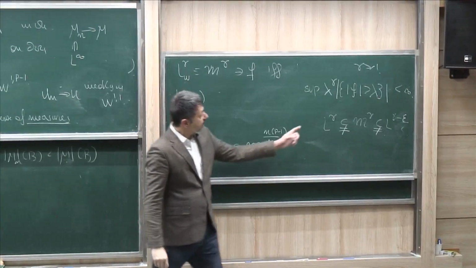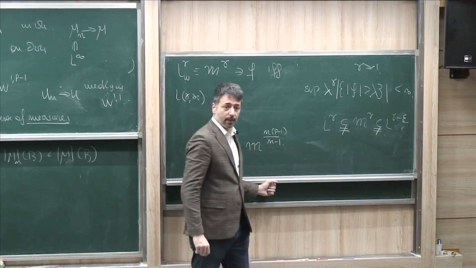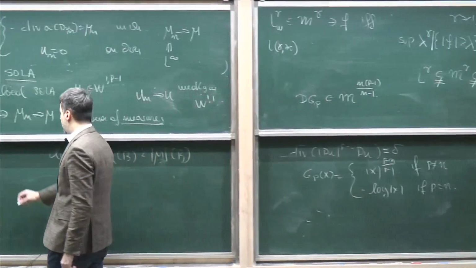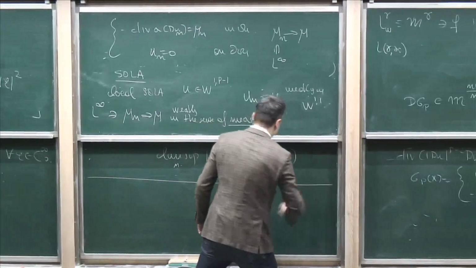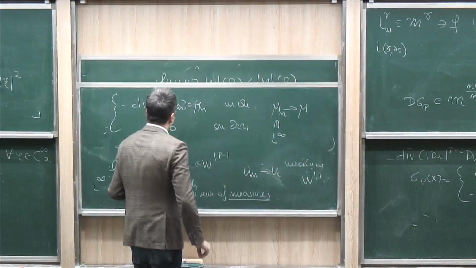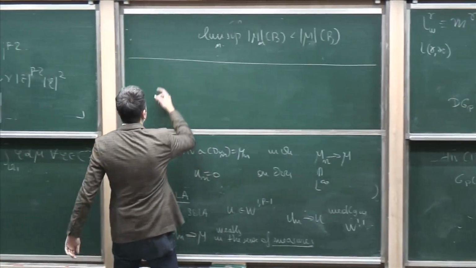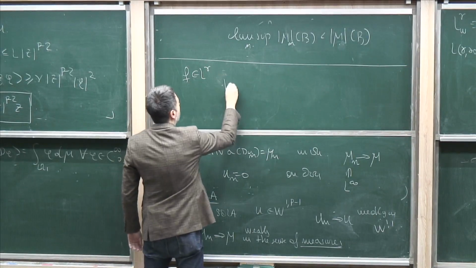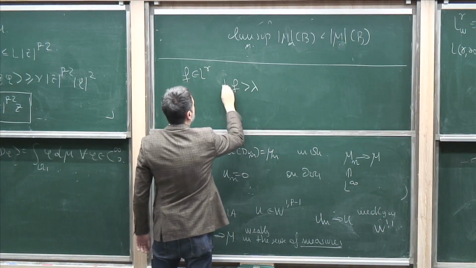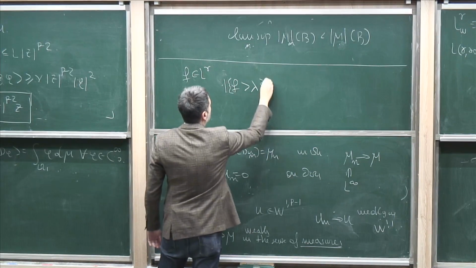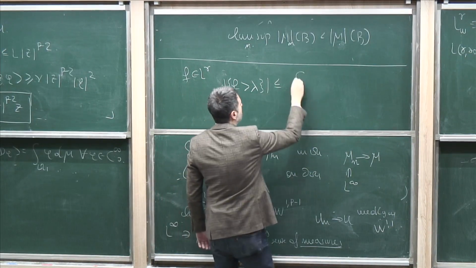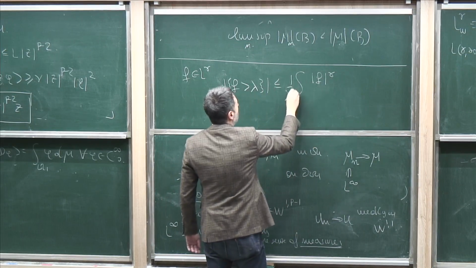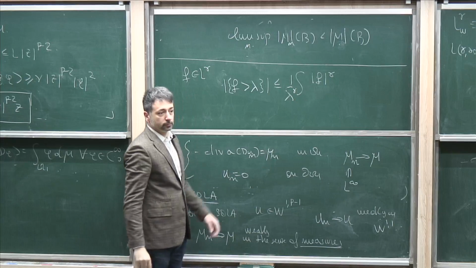You can easily see where this definition is coming from, because you immediately see that if you take a function which is in L gamma, then you get the level set by Chebyshev. This is less than or equal to the norm of f in L gamma to the gamma, times 1 over lambda to the gamma, right?